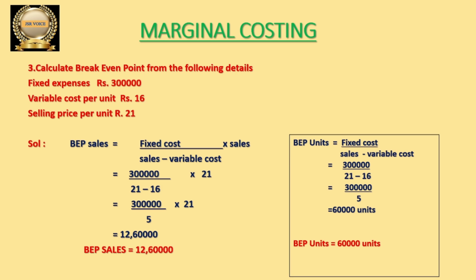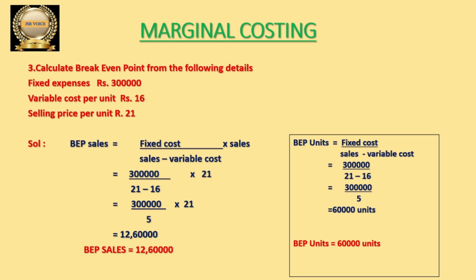I have done the calculation of BEP units in the box. You can see that first, on the right side, one box is there. BEP units formula. We can apply that formula here. If you want clear information and clarity regarding formulas, what formulas are there in marginal costing and how many, all clear information is provided in the previous video.